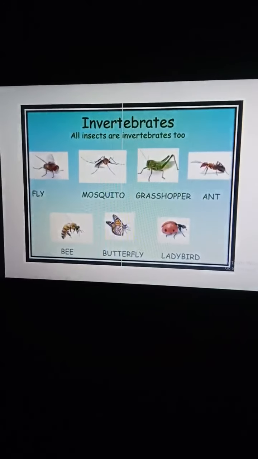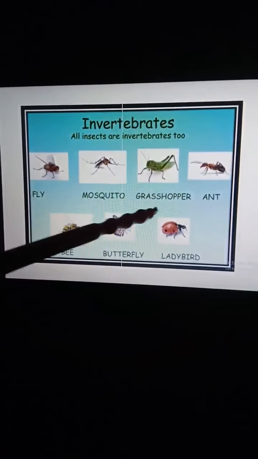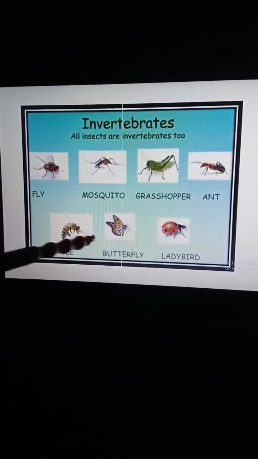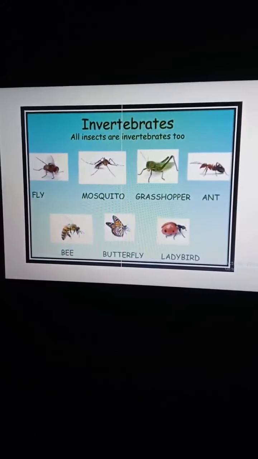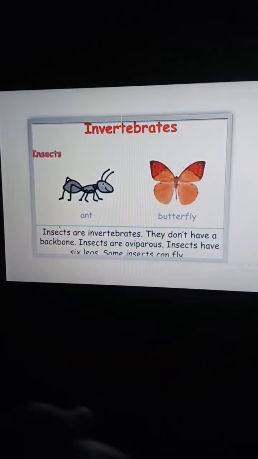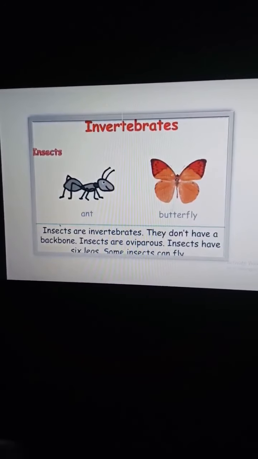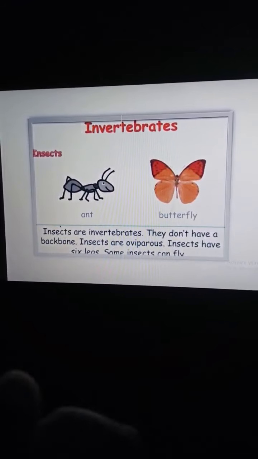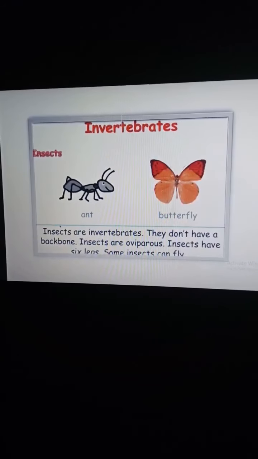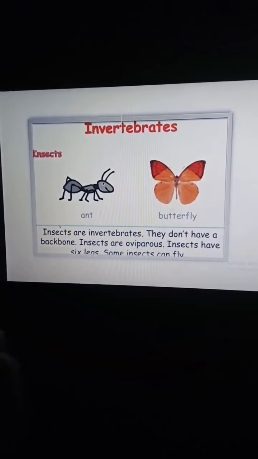All insects, be it fly, mosquito, grasshopper, ant, bee, butterfly, ladybird, all the insects are invertebrates. We'll take an insect as an example and we'll understand the body structure. We'll understand the functions they perform because they are living things.